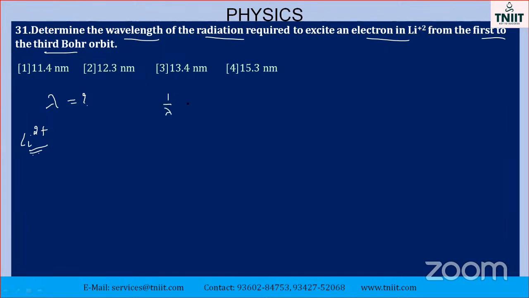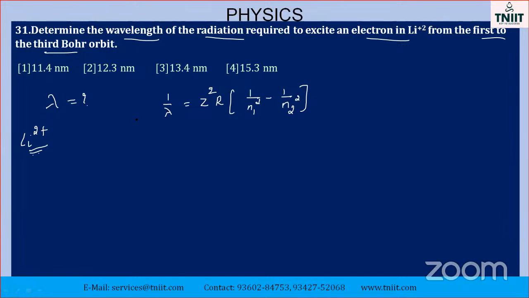What is 1 by lambda actually? It is Rydberg constant R into 1 by n1 square minus 1 by n2 square. But this formula is valid for hydrogen atom. If you are going with other than hydrogen atom, then it should be multiplied by Z squared.